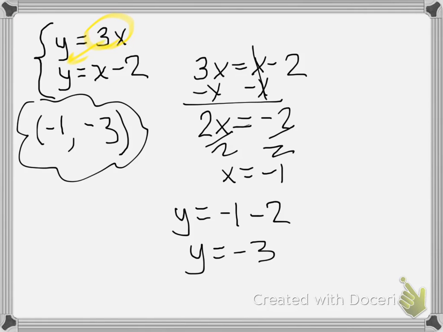So in the original equation right here, if I erase this y and put a negative 3, and I erase this x and put a negative 1, does that make that equation true? Yes, it does, so I know it worked. And then I can do the same thing with the second equation. Remember, it has to work for both equations in order to be a solution.